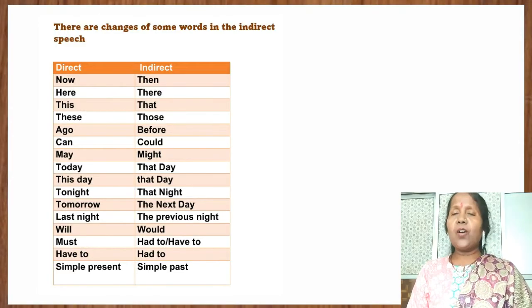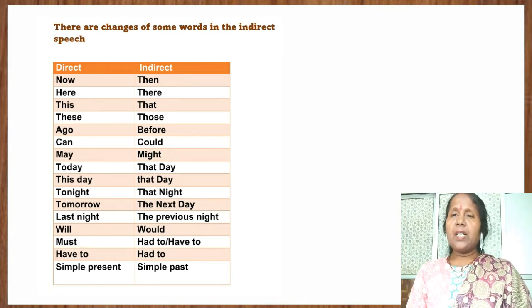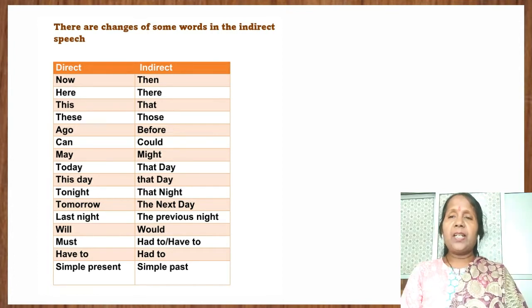There are changes of some words in the indirect speech. Now take a look at how the words change from direct to indirect speech. I am telling you one by one, so listen carefully.